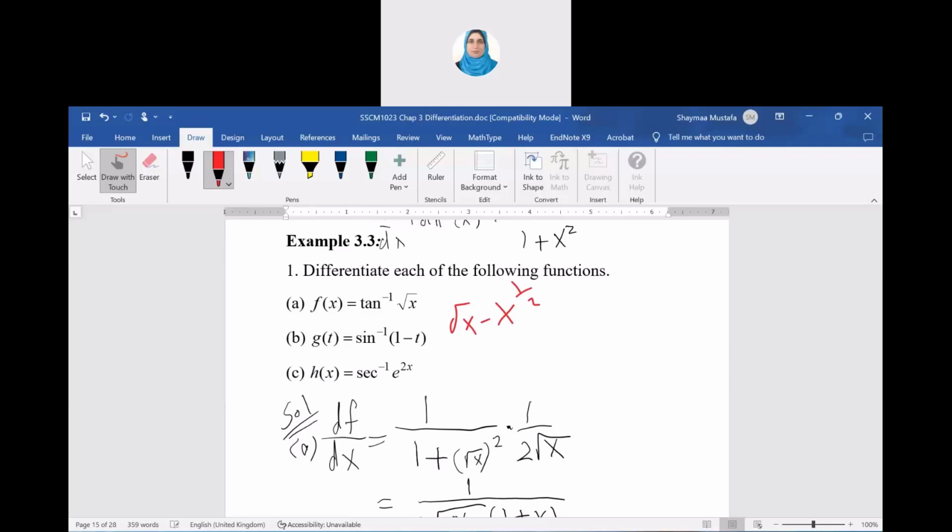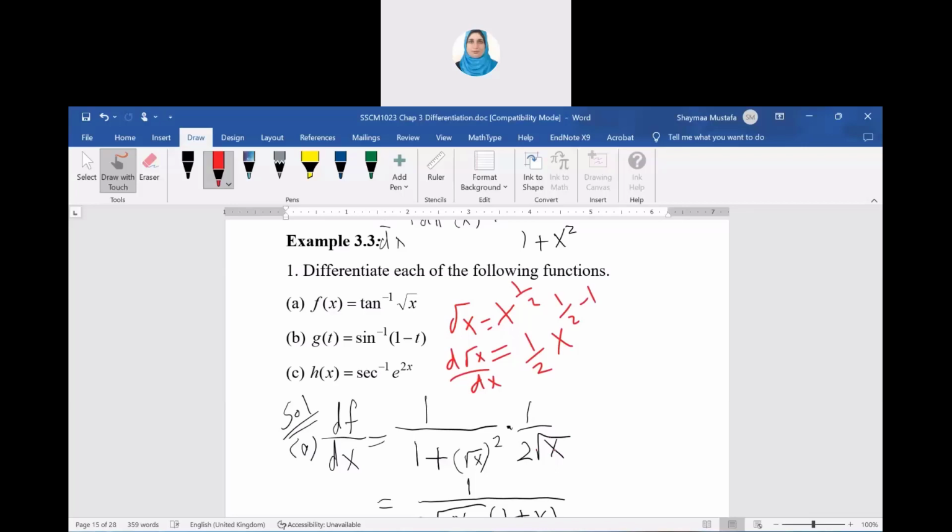Because the square root of x is equal to x to the power 1 over 2. So as a power function, 1 over 2 will become a constant to find its derivative. 1 over 2 is a constant, times x to the power 1 over 2 minus 1, which is minus 1 over 2.